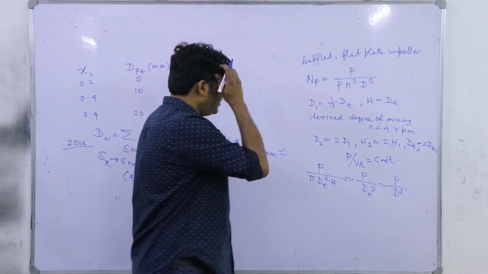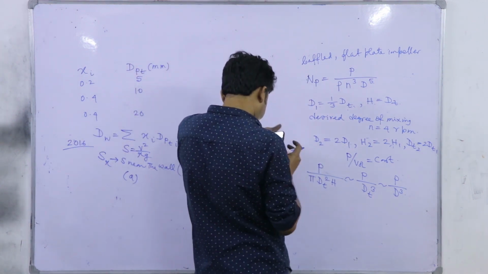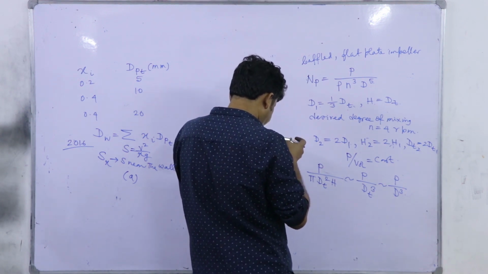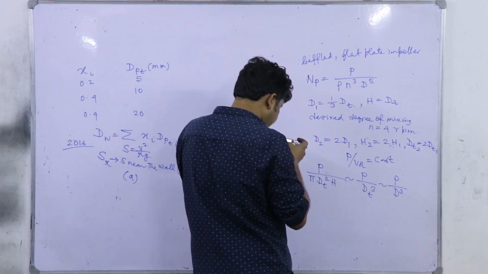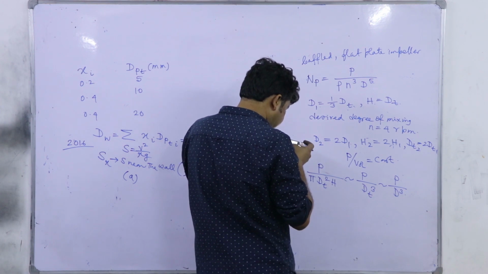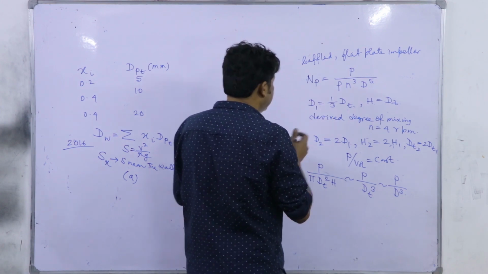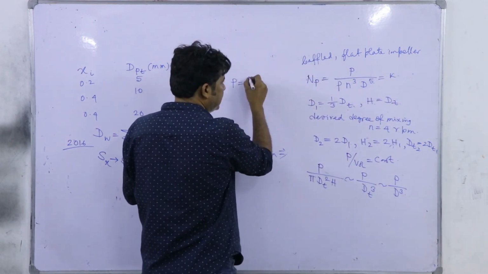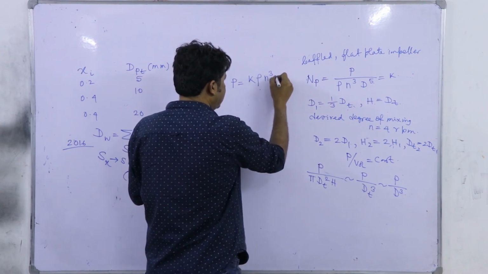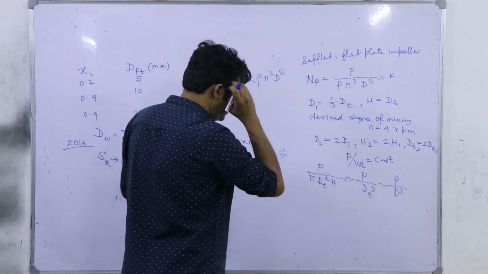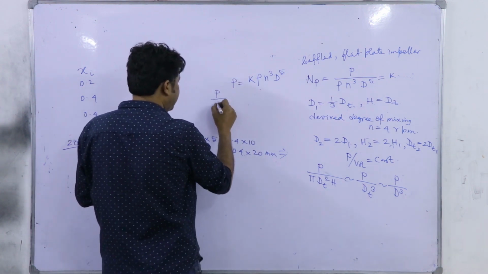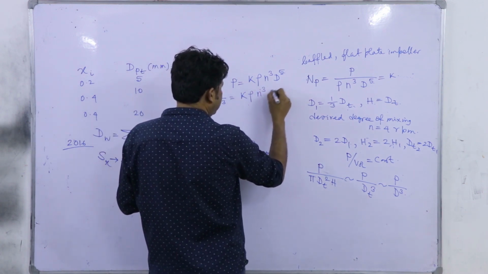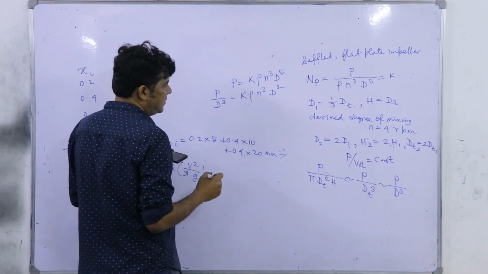Right. So power number, here the liquid is Newtonian and NP is independent of Reynolds number. So NP is constant. So power is equal to K into rho into N cubed into d to the power 5. Right? So P divided by d cubed, that is K into rho into N cubed into d squared, should be kept constant.